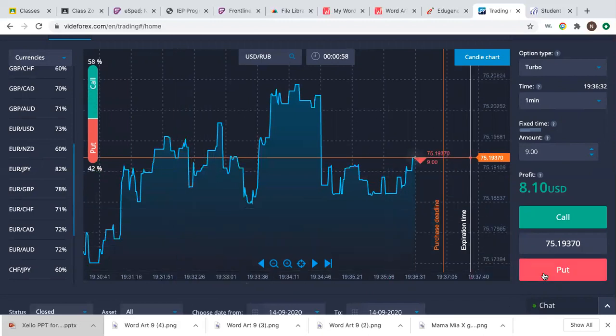I'm gonna take a put. And again, my reason for doubling up is to make money on this trade as well as to recover the money that I lost on the last trade.